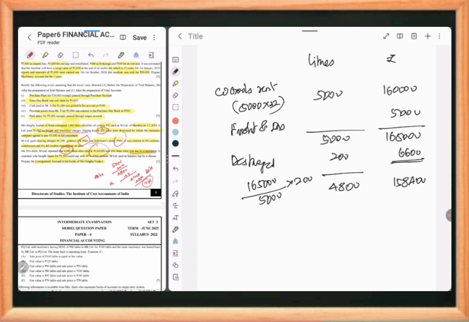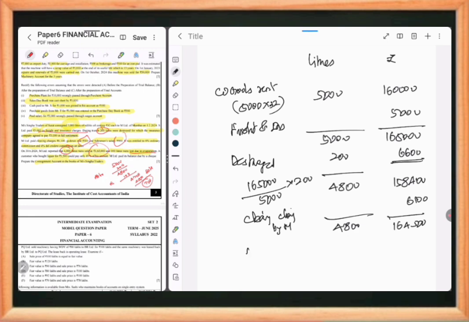Clearing charges are a non-recurring expenditure, so we will take them into account: 6,100 rupees, met by M, the consignee. So the total is 1,64,500.